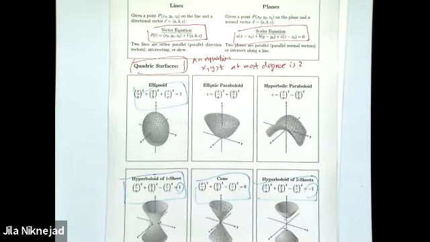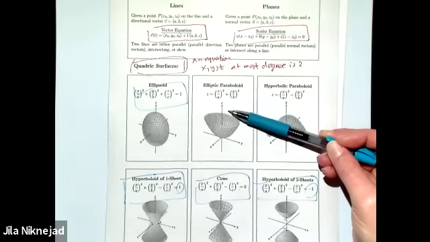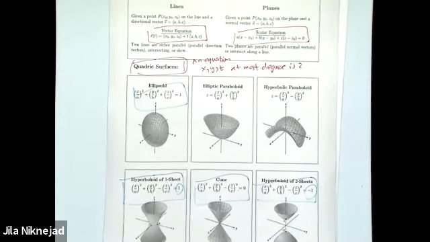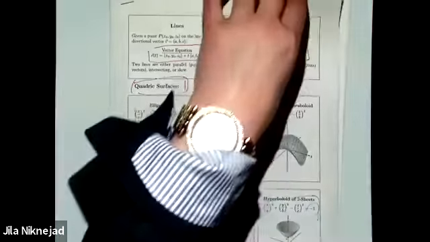Sorry, I said all the names at once. And then the other one is the elliptic paraboloid, when the two terms with the square are of the same sign. So that's my overall way to remember how things work.